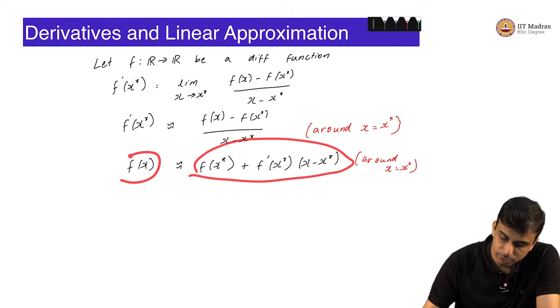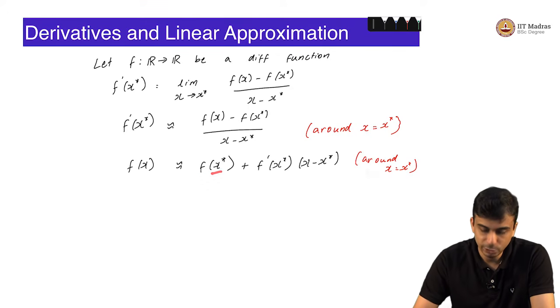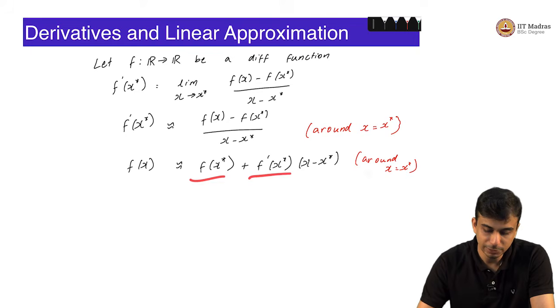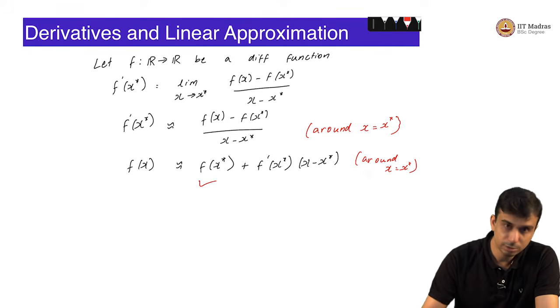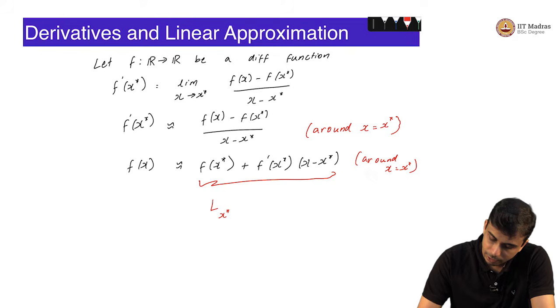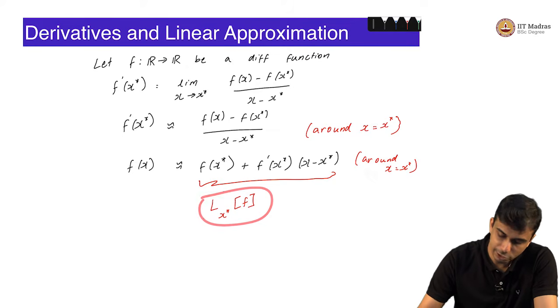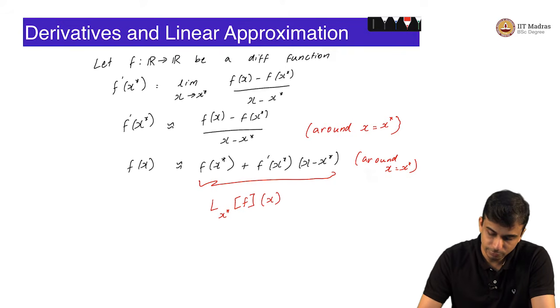Right. So, you can view this, the left hand side is a function of x, the right hand side also can be viewed as a function of x. You can view x star and f dash of x star as constants, which means that f of x star is a constant, f dash of x star is also a constant. This entire term also can be viewed as a function of x, and we are going to denote that by L x star of f. So, this entire thing is a function, and if you want to evaluate it at a point x, it is L x star of f of x.